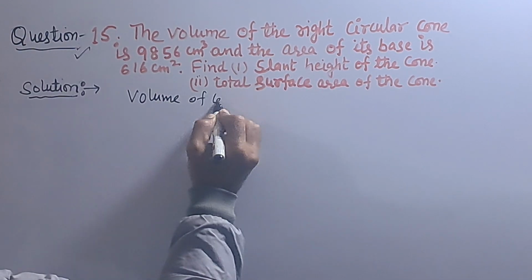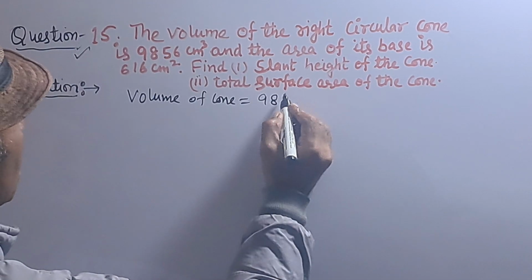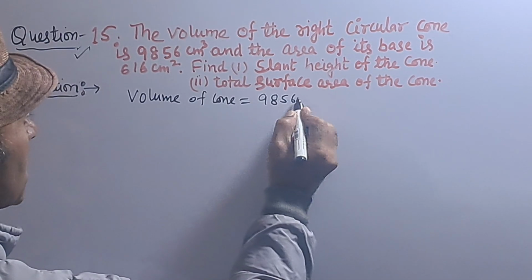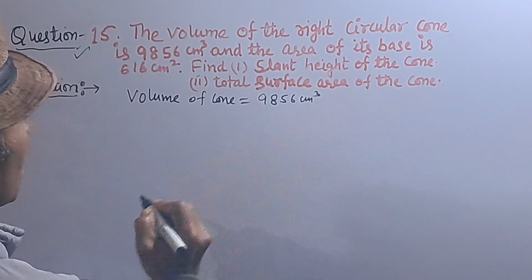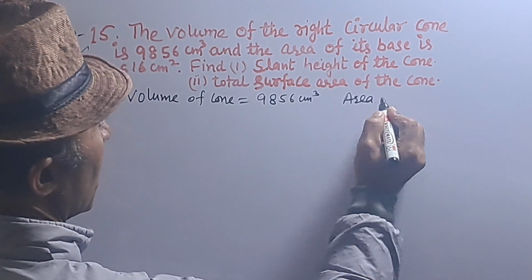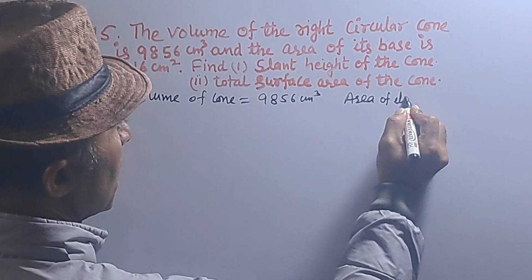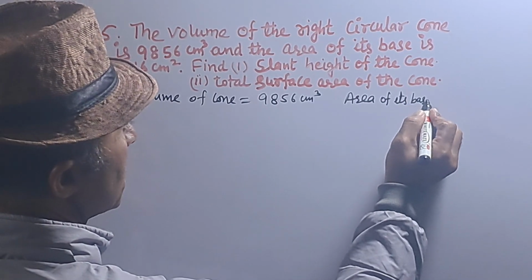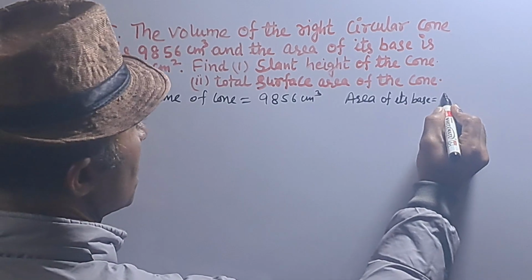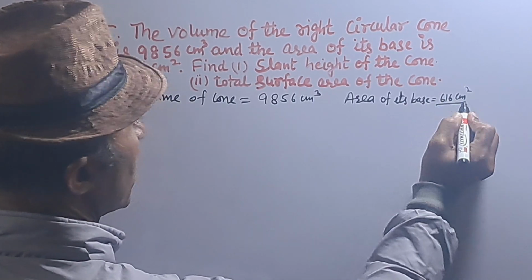Volume of cone equal to 9856 centimeter cube. Area of its base, that is equal to 616 centimeter square.